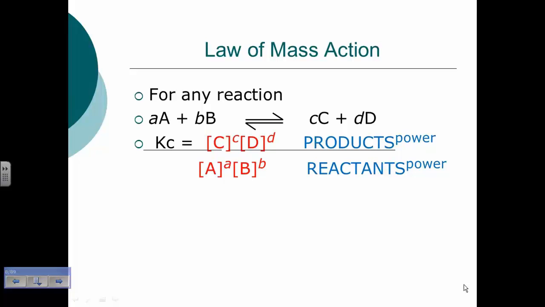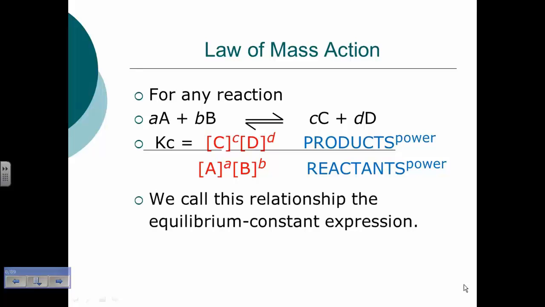Brackets stand for big M, molar units. Products over reactants, coefficients become the power with which we raise them, and we get this expression called the equilibrium expression. So we call this relationship of products over reactants the equilibrium constant expression.